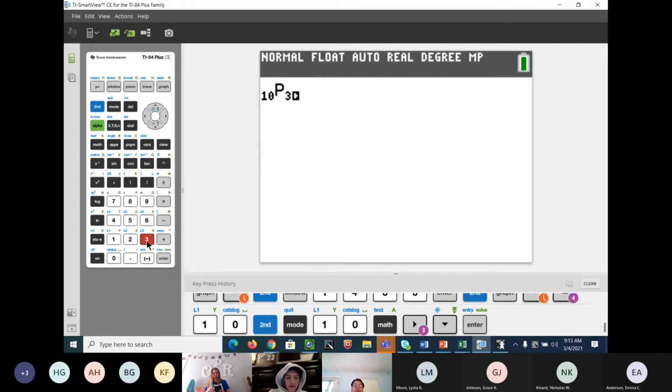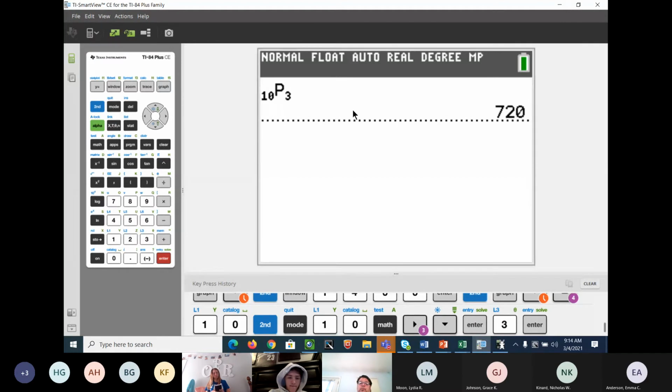And 3. And enter. So there's 720 different ways that those horses can end first, second, and third. So all you got to do is make 720 $20 bets, and you walk out a winner.